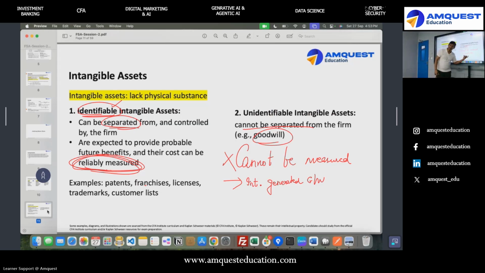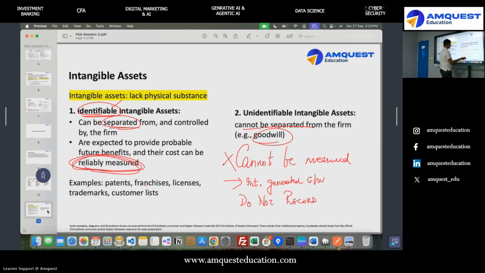It is internally generated through a number of years of hard work. So therefore, it is not identifiable. I cannot separately identify it for my business.